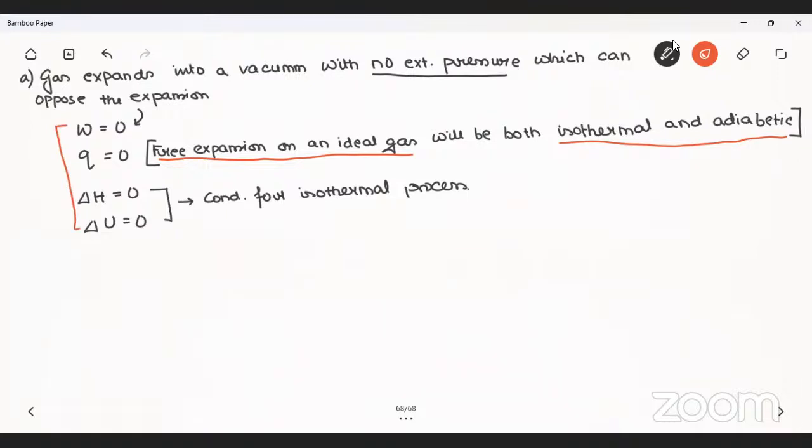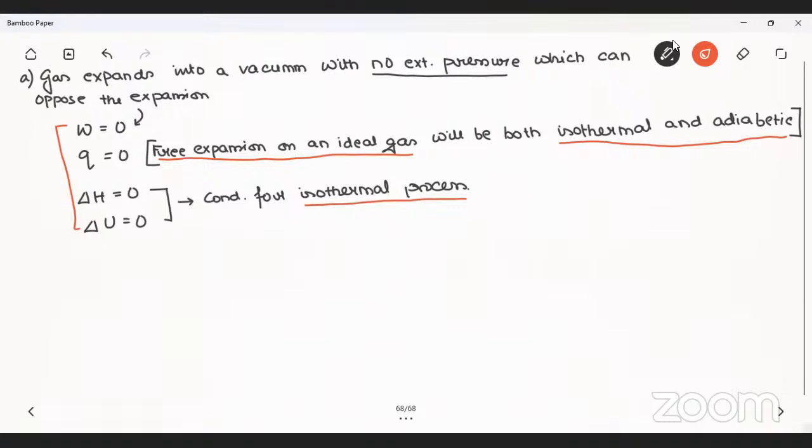If you are not revising, you won't understand this. What is an adiabatic process? These are the things we did in the class a week before. And this is the isothermal process condition. I have written in my notes what the conditions are for an isothermal process and for the adiabatic process.